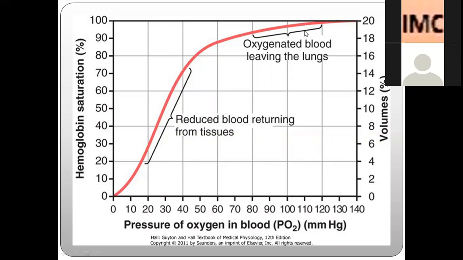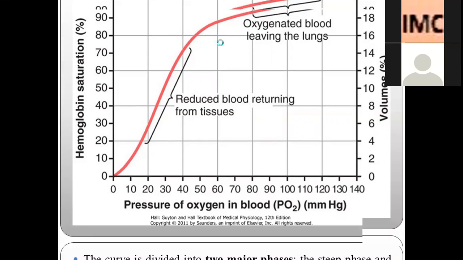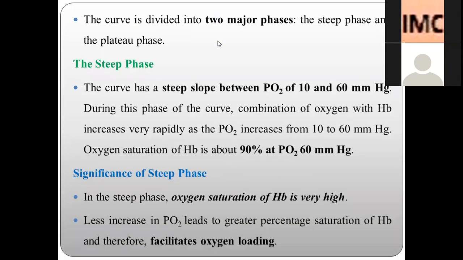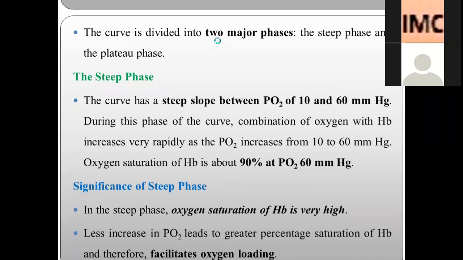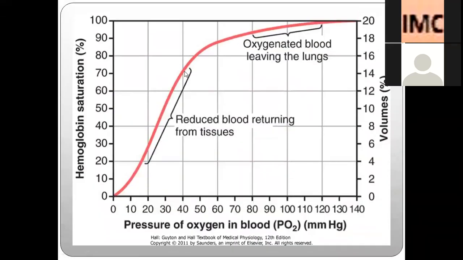So at the lungs level, the oxygen pressure is more, the oxygen will be attached to the hemoglobin which is present in the blood, and the blood will transport this oxygen towards the tissues. So this is how it is transported.